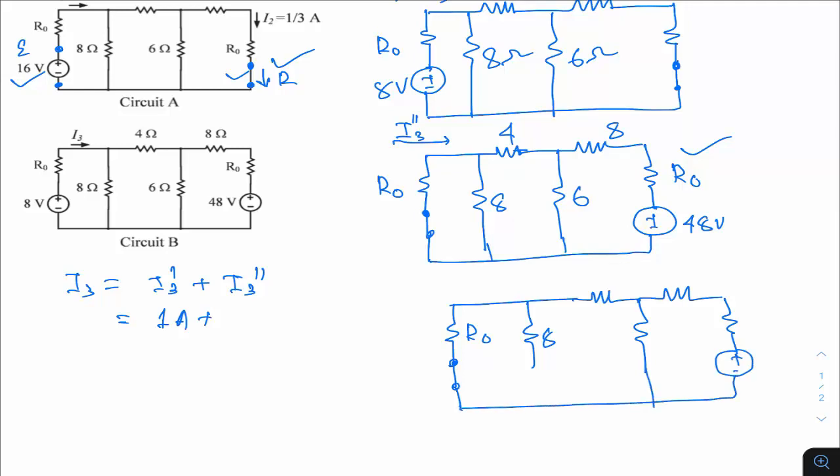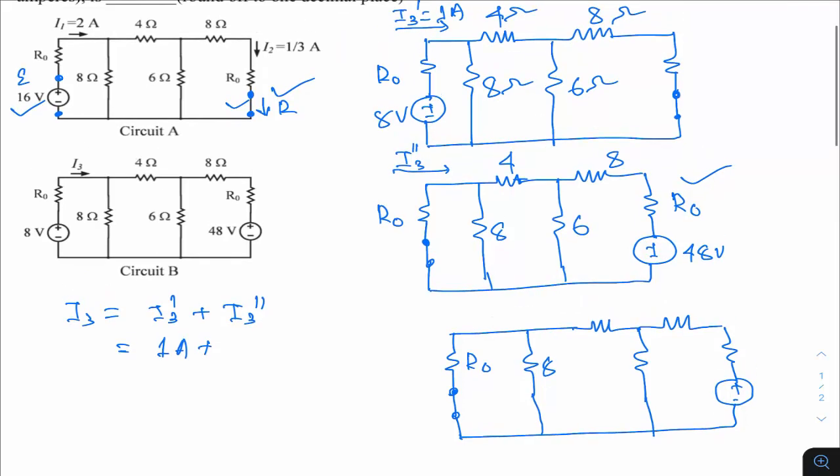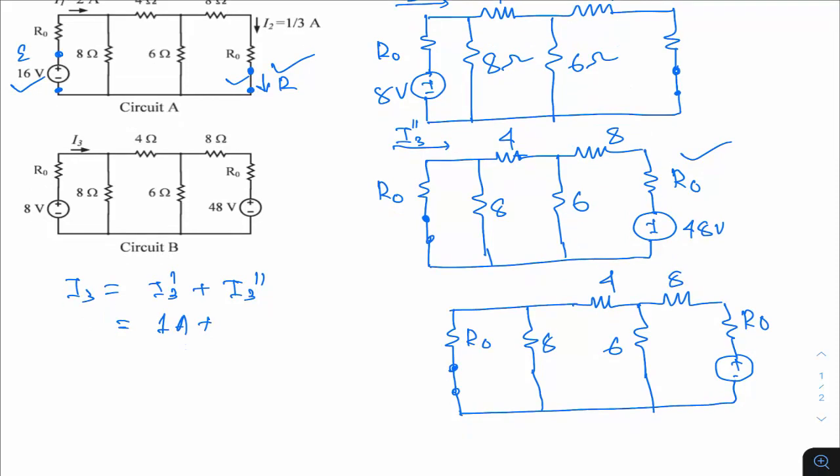So this is how the circuit will be: R0, 8, 4, 6, 8, R0, and this source is basically 16 volts. I brought this 16 volt here, and I am taking the short circuit here. So this is the corresponding circuit.